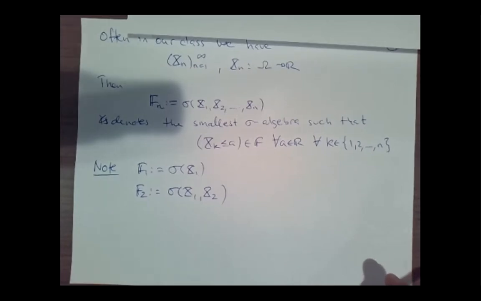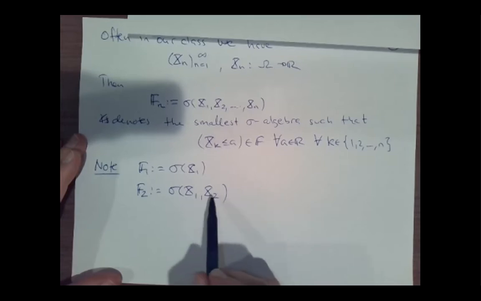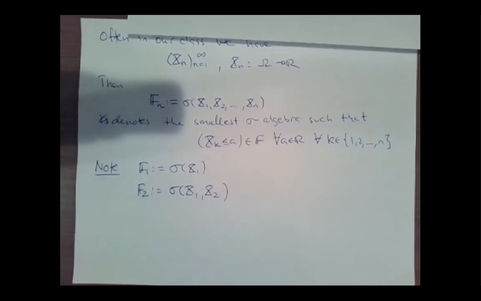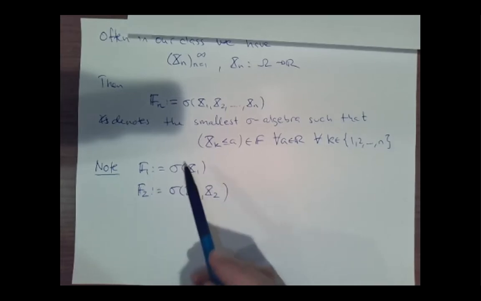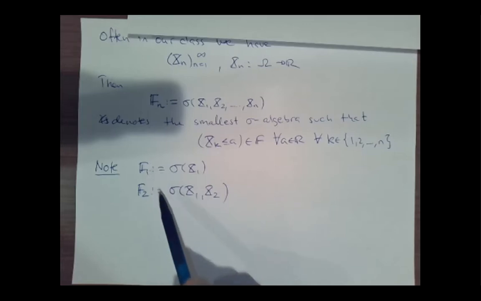The second one has the property that both X1 and X2 are measurable, whereas F1 has the property that only X1 is measurable. So F2 is bigger than F1.